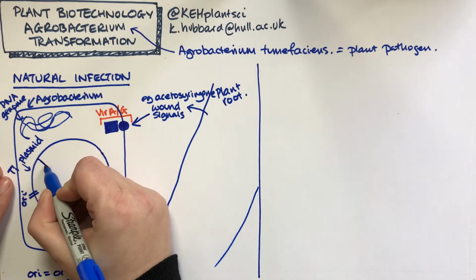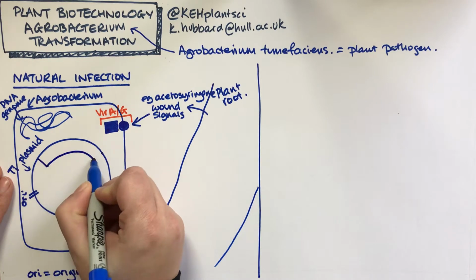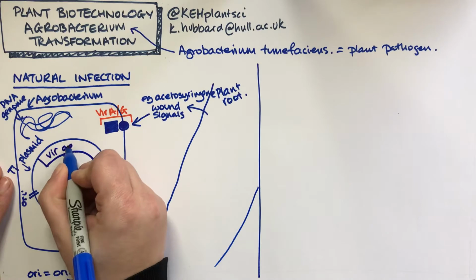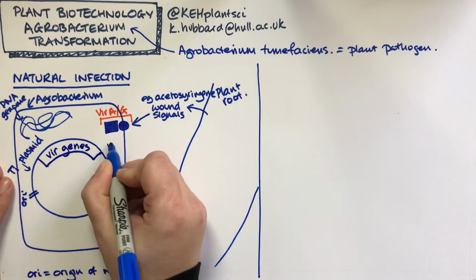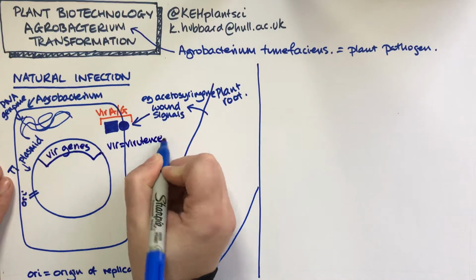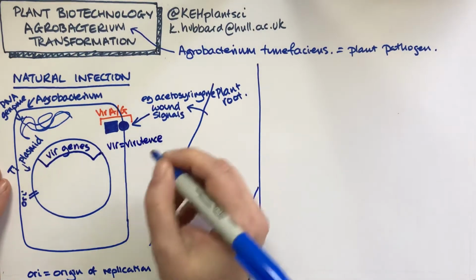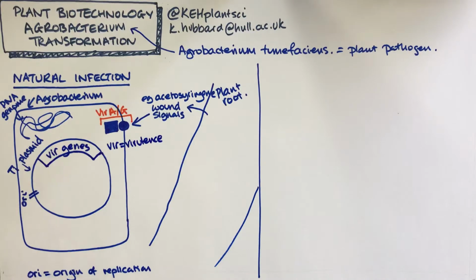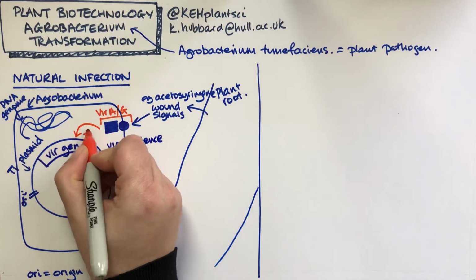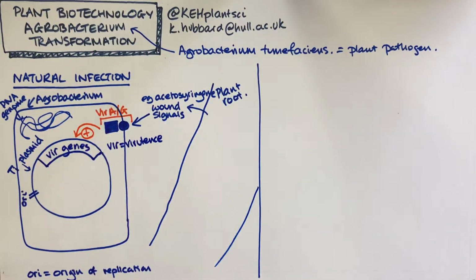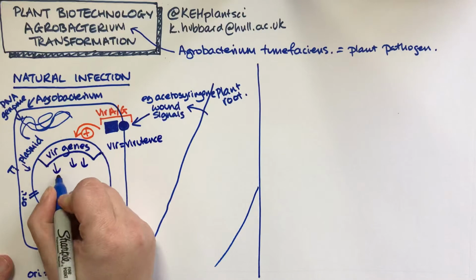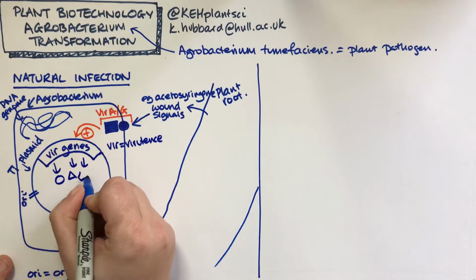There's then two important different bits of this plasmid. One is a bunch of genes which are called the Vir genes. Vir equals virulence. What happens is that Vir-A and Vir-G detect these wound signals, and then they stimulate expression of those Vir genes, so you get a bunch of Vir proteins.